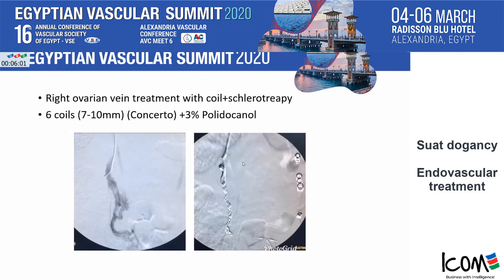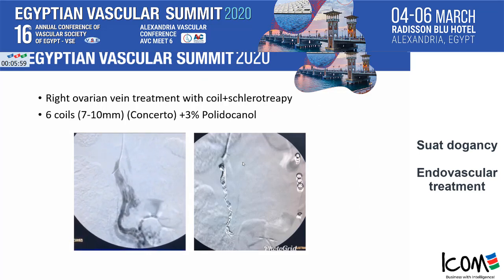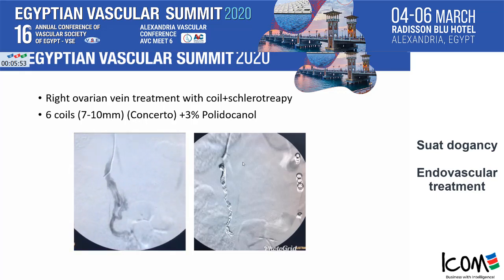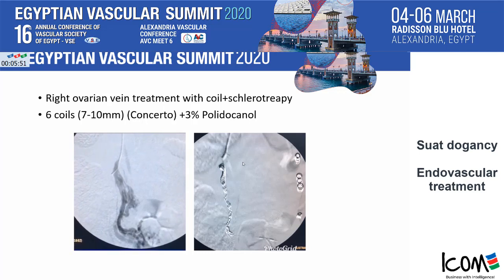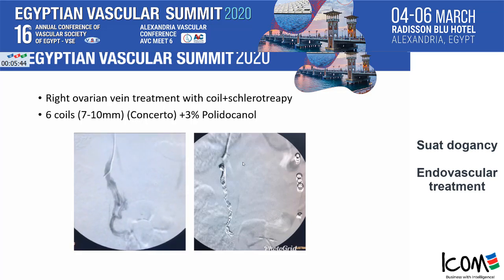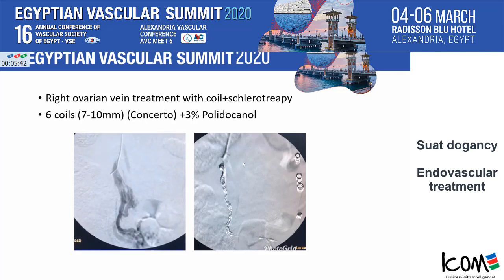Three months later, the patient came still having symptoms, so I did the right-sided coil embolization with polidocanol. But I just wanted to show you, if you look at the screen, it is different from what I showed you in the first image.